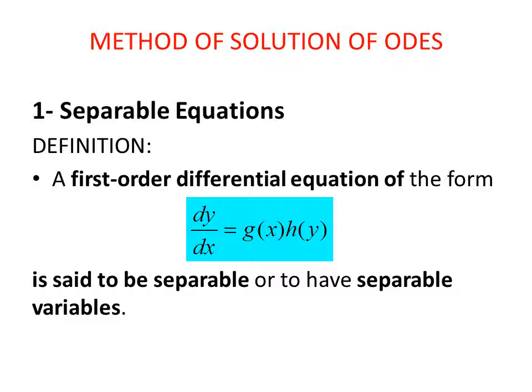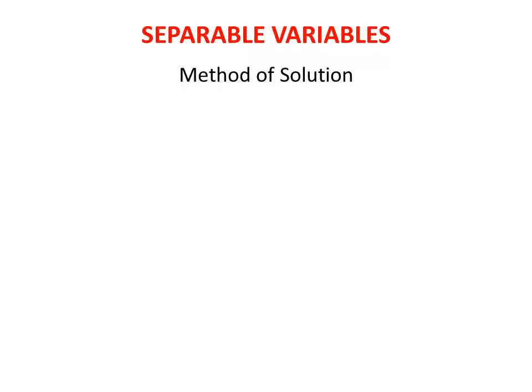Whenever we have such a type of equation, that is dy by dx is equal to g of x multiplied by h of y, then that type of equation is called separable. Now for separable variables there is a method of solution.